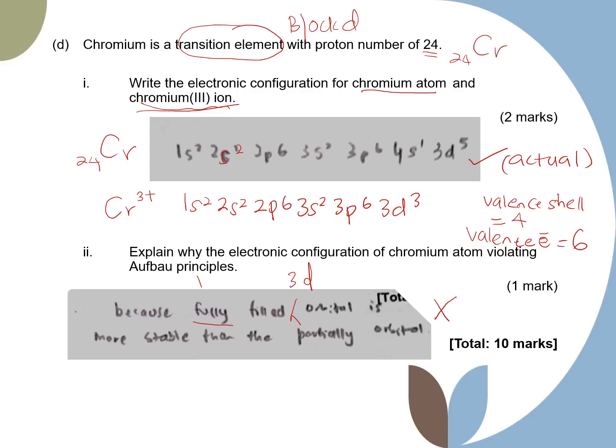It is half filled, because we have 3d5, not 3d10. So it should be because a half filled 3d orbital is more stable than a partially filled orbital. So that's the answer for number 5d.